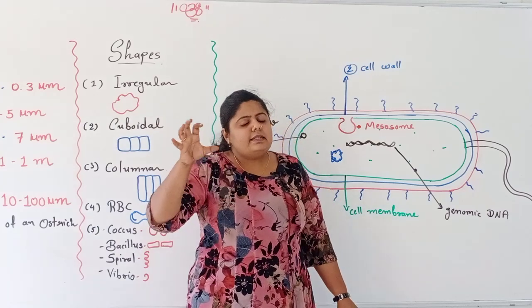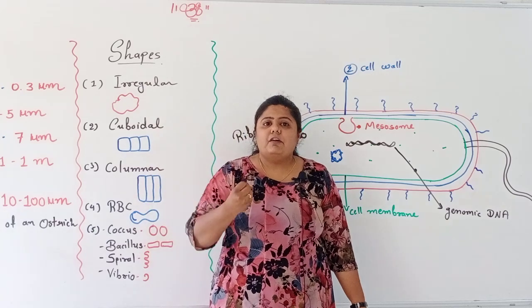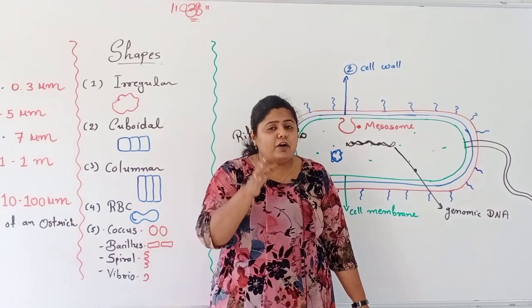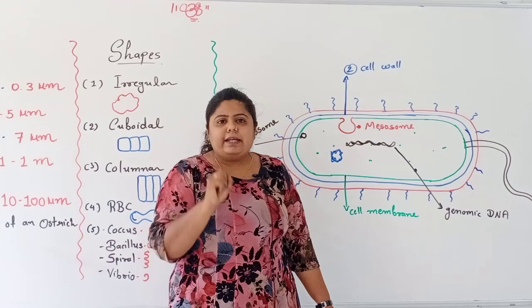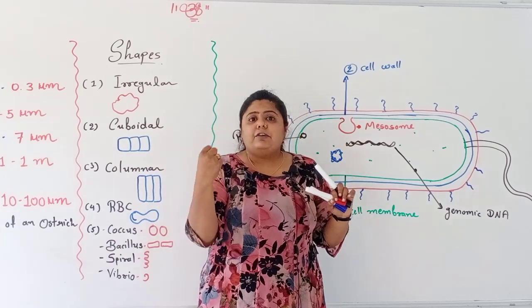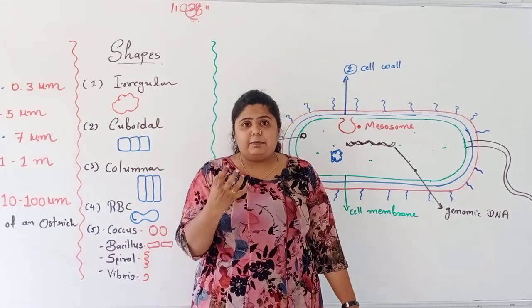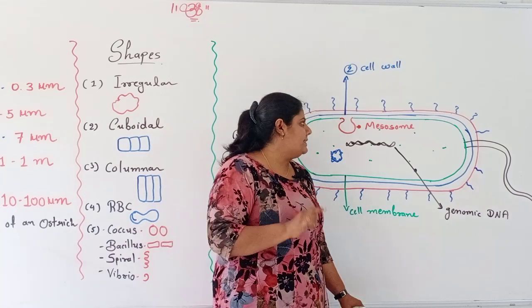Ready? In some cyanobacteria, beta, cyanobacteria are capable of photosynthesis. They perform photosynthesis. So in cyanobacteria, in this mesosome, chromatophores, meaning colorful pigments, are present to perform photosynthesis.